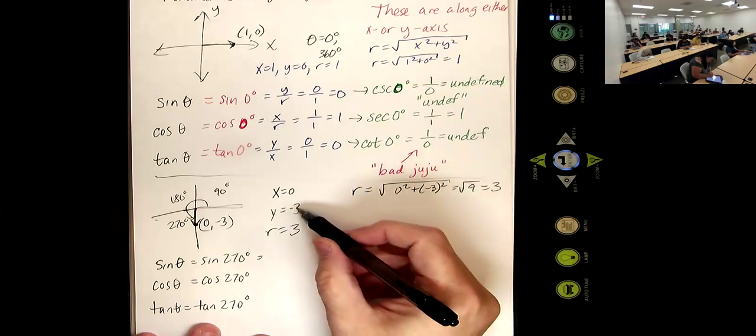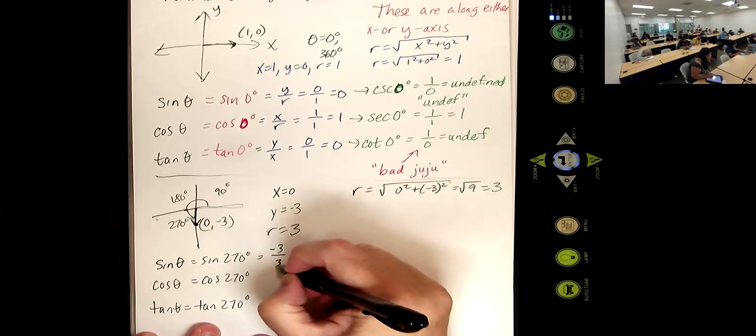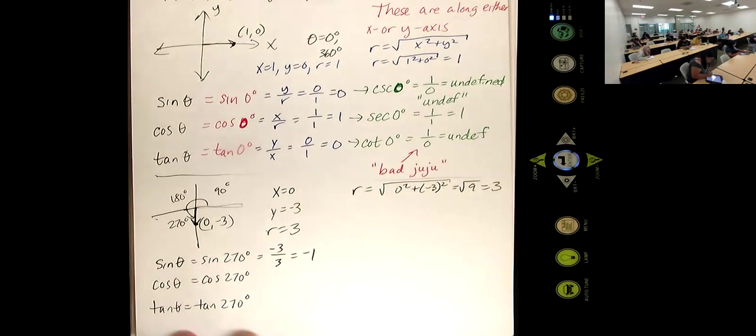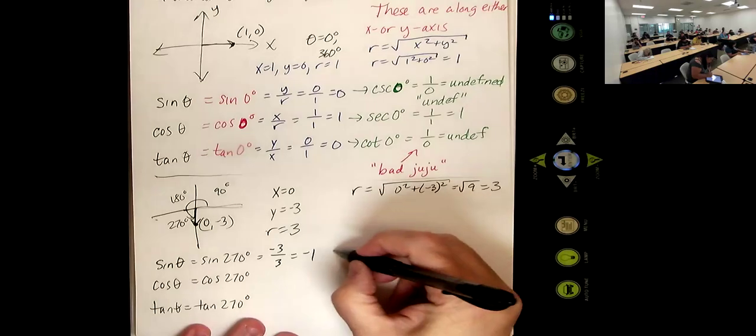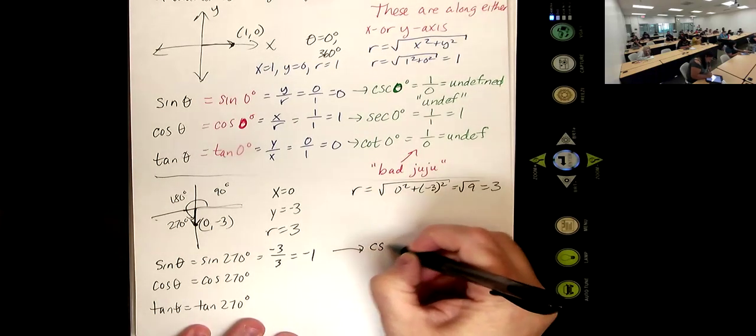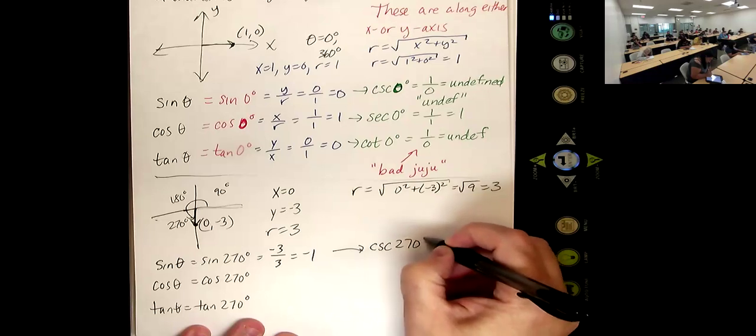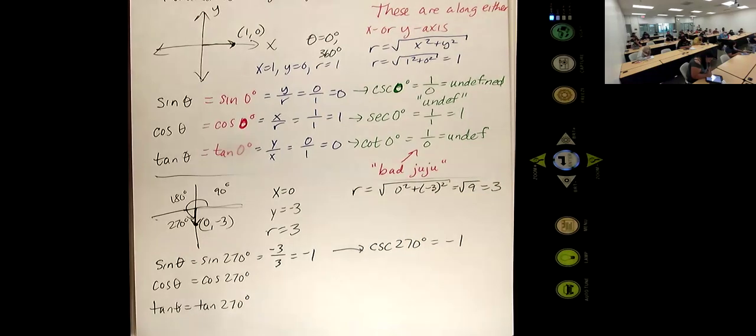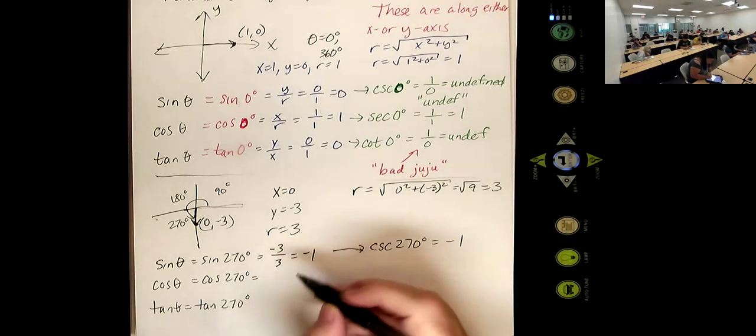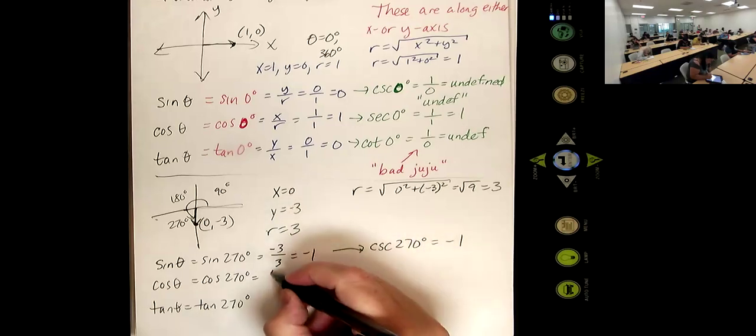Well, sine was y over r, -3 over 3 is -1. And if I flip over -1, I still get -1. Cosine is x over r, 0 over 3 is 0.